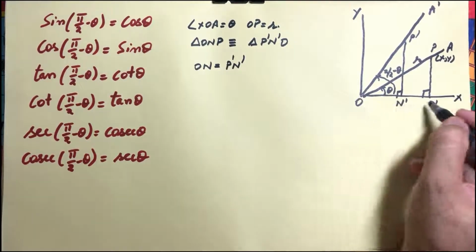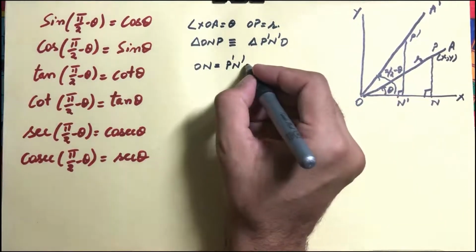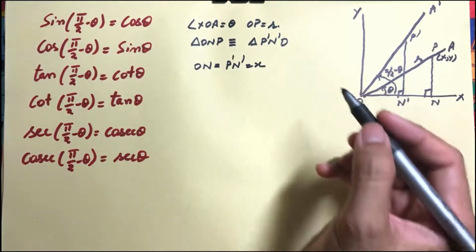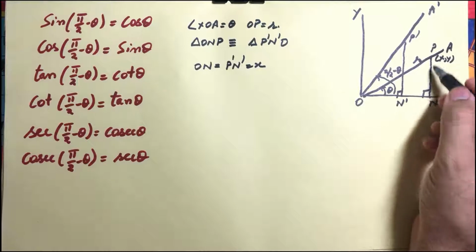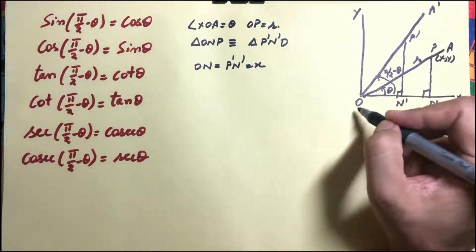What is ON here? This is x. And similarly, whatever is PN is now our ON dash.